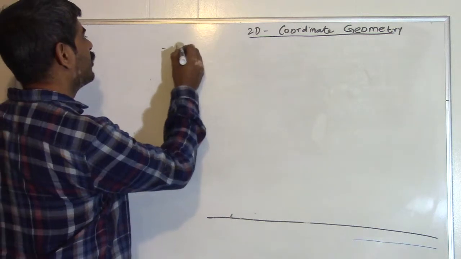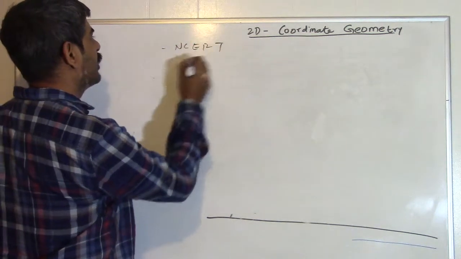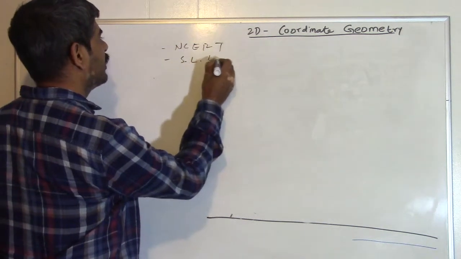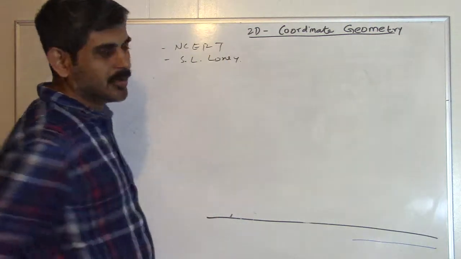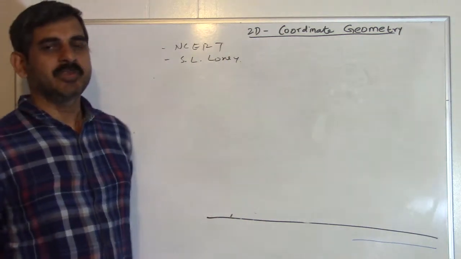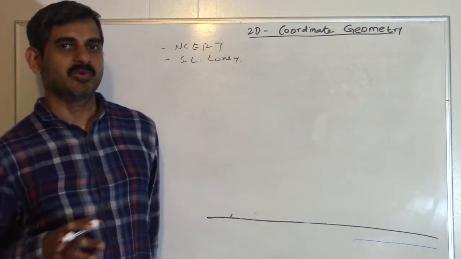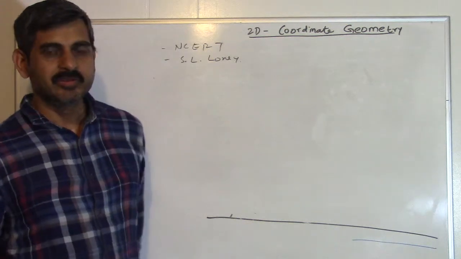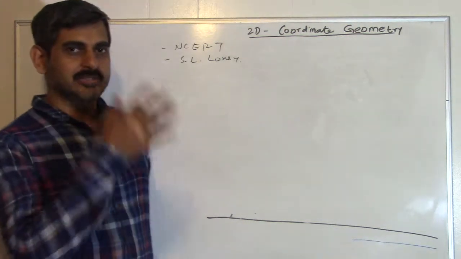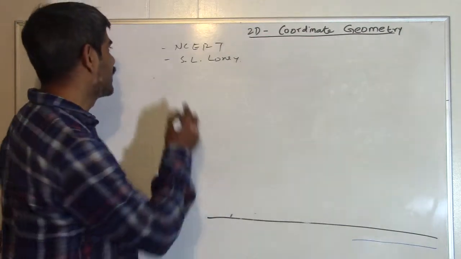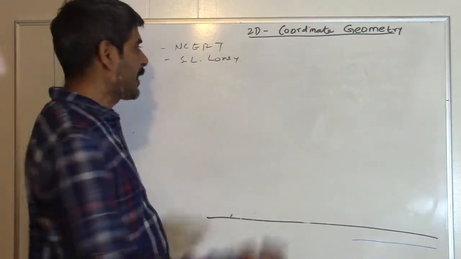You can look at the NCERT book, S L Loney, a very classical book, but they deal with some of the subjects that are not part of the course. For example, they deal with axes inclined to the x-axis, things like that, but it's still a very good book.